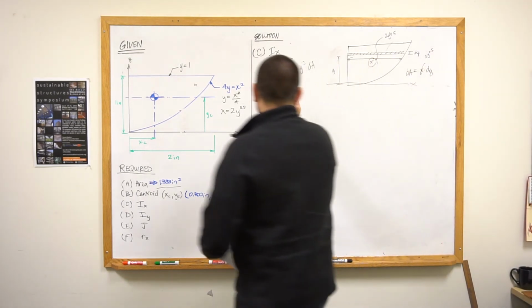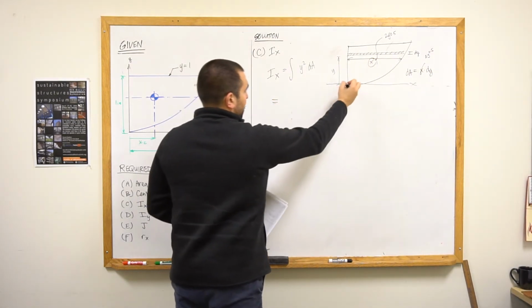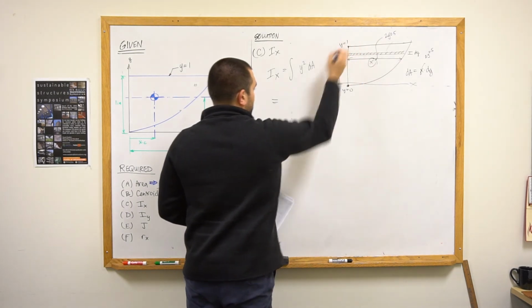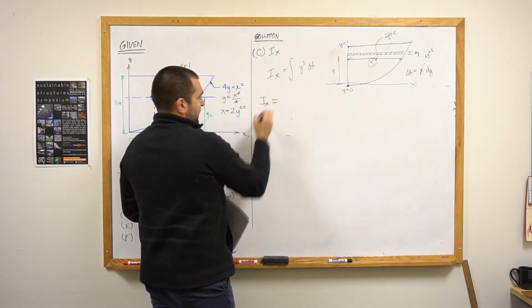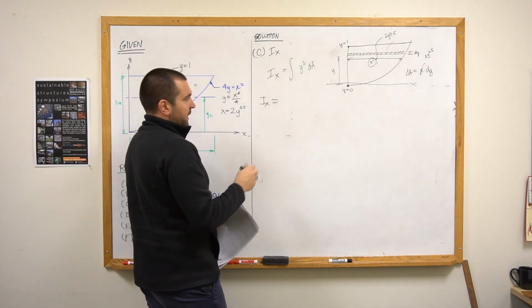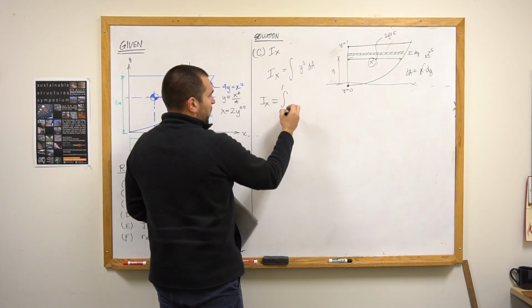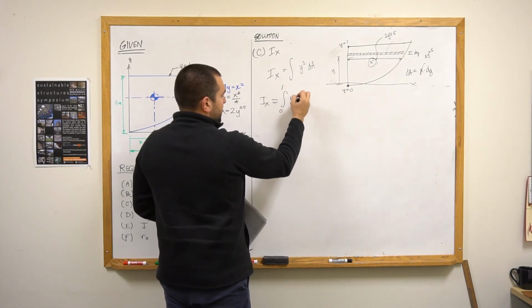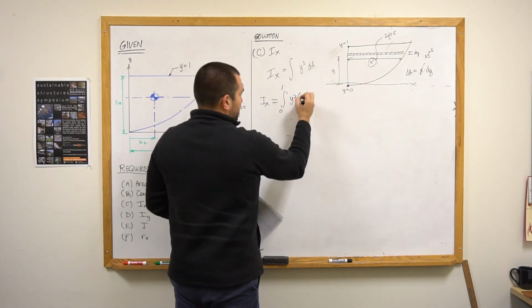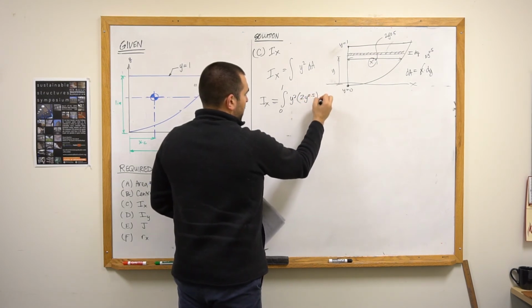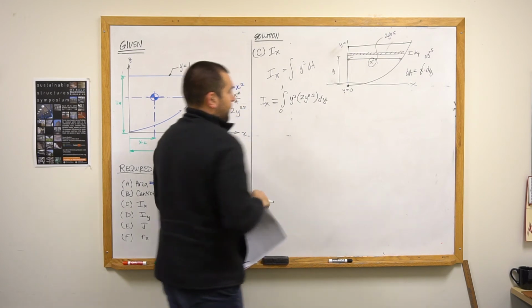We still have our lower bound, which is y equals 0, and our upper bound, which is y equals 1. And I get that I sub x, the moment of inertia about the x-axis, is equal to the integral from 0 to 1 of y squared times 2y to the 0.5 power dy.